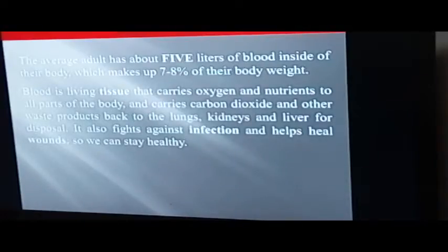It also fights infections and heals wounds. So it is integral. It is very, very important in both hemostasis and homeostasis.